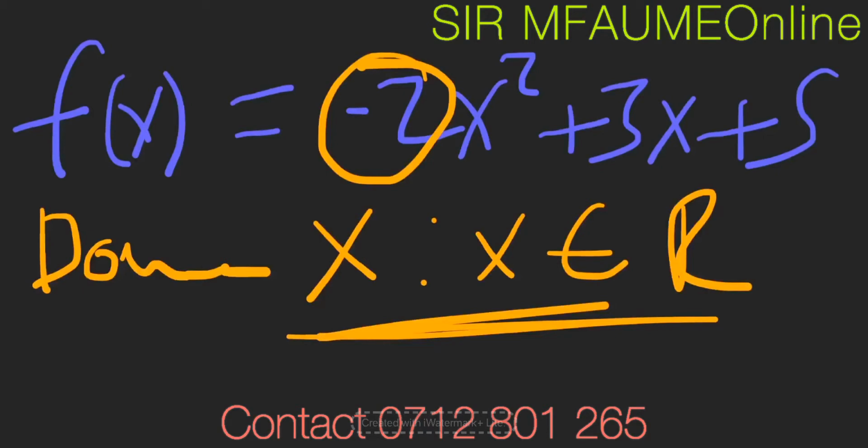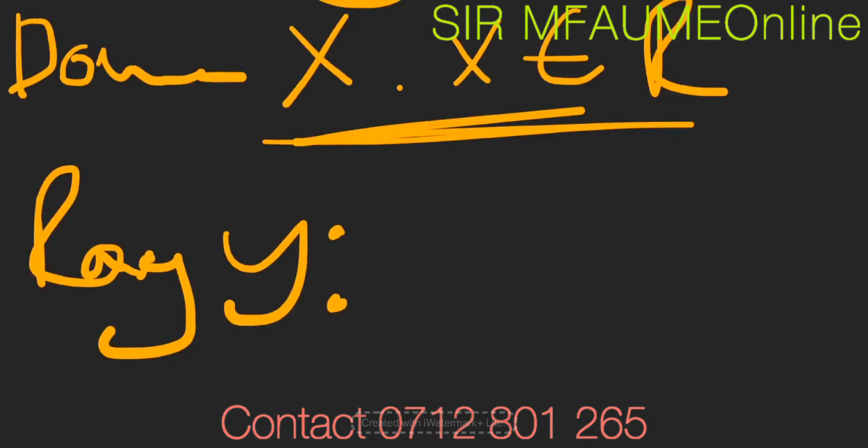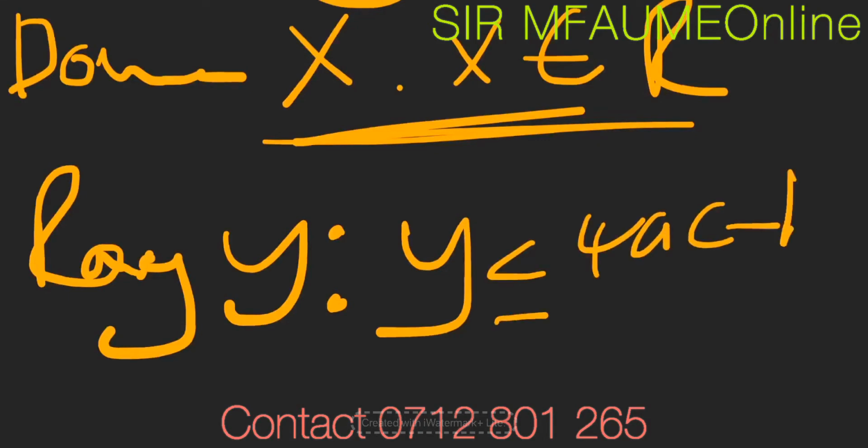For the range, since the coefficient of x squared is negative, automatically this will be the maximum value, and since it is a maximum value, the range will be y such that y is less or equal to (4ac minus b squared) over 4a.